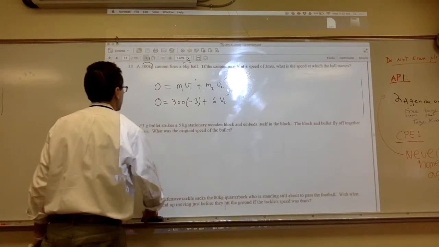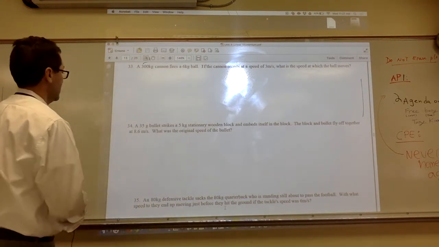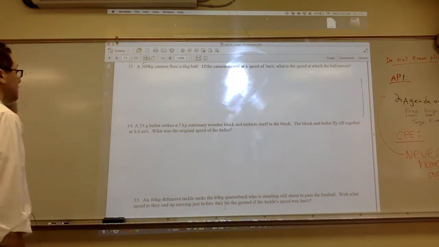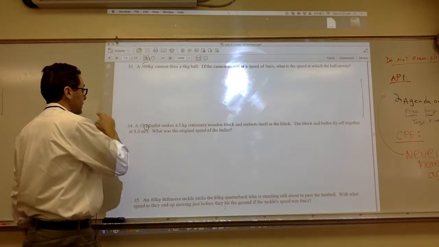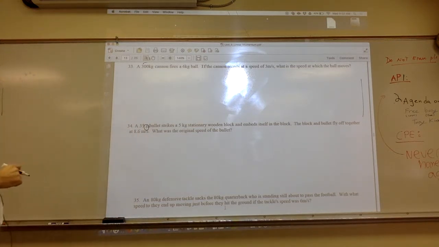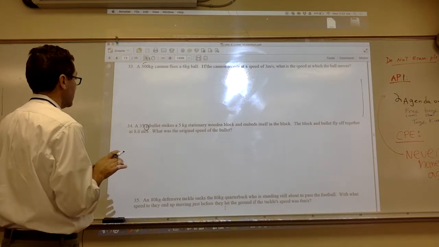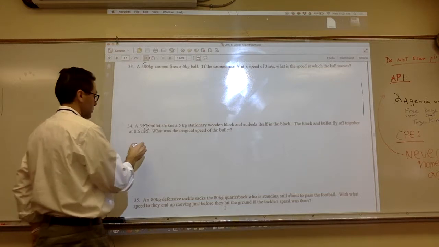All right, so let's look at 34. A 35 gram bullet, so you have to be careful here, strikes a 5 kilogram stationary wooden block and embeds itself in the block. The block and the bullet fly off together at 8 meters per second. What was the original speed of the bullet? Let's try this.